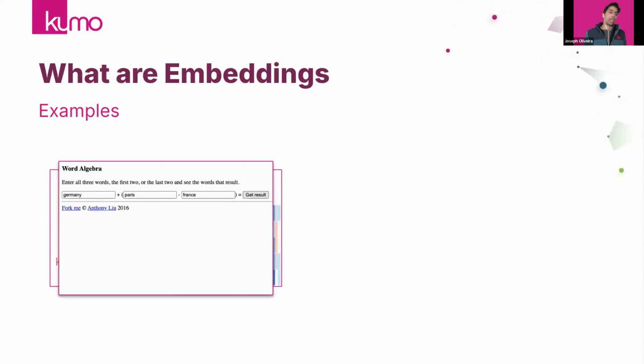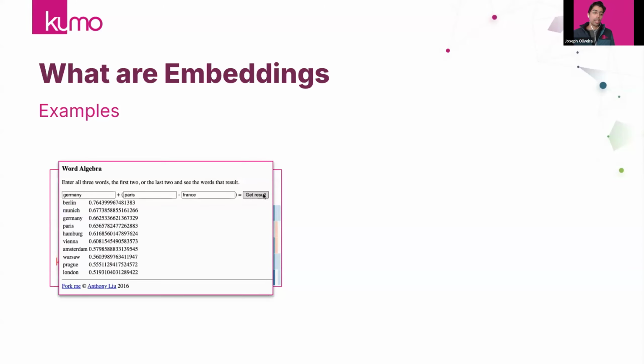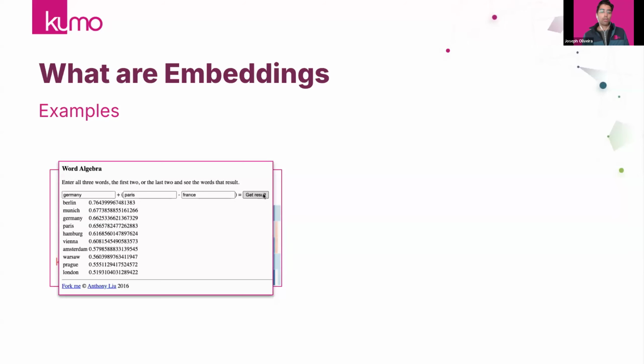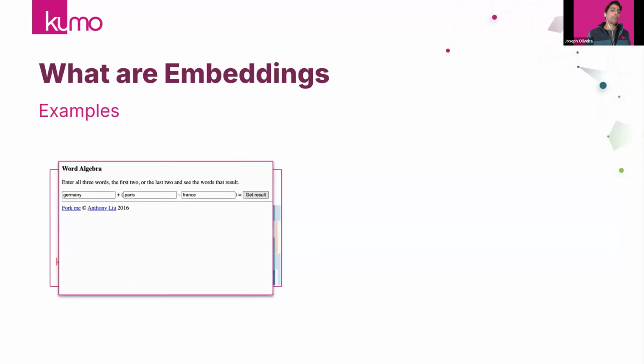A great example of this word algebra, available on GitHub by Anthony Liu, is an interactive example where you can plug in words. Here I've plugged in Germany plus Paris minus France. When I do this kind of algebra with the words, you'll see a list produced of other countries and places and so on, with the top of the list being Berlin, the capital of Germany.